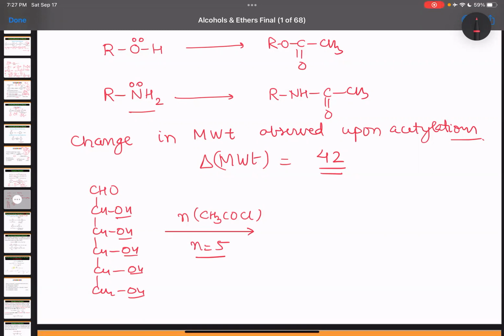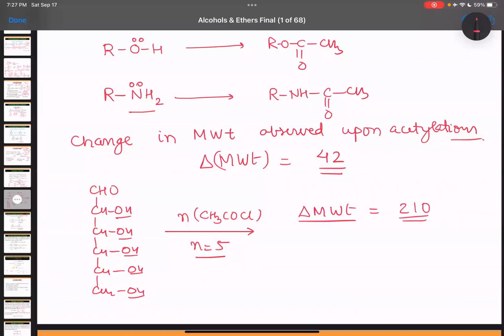And what will be the change in molecular weight observed? You said for one OH group it was 42, right? So for 5 OH groups, it will be how much?